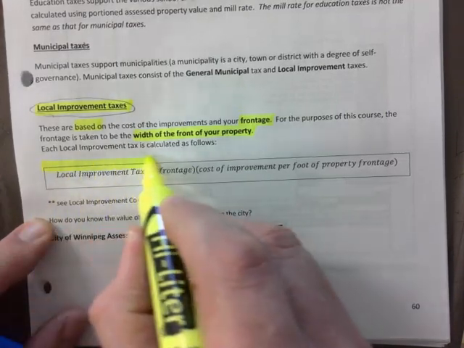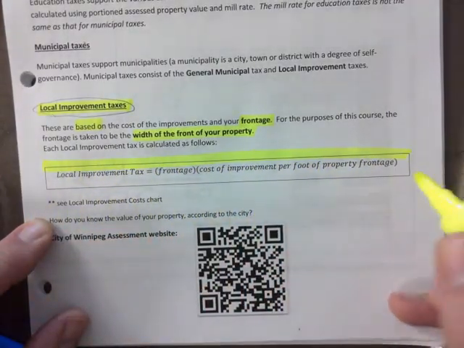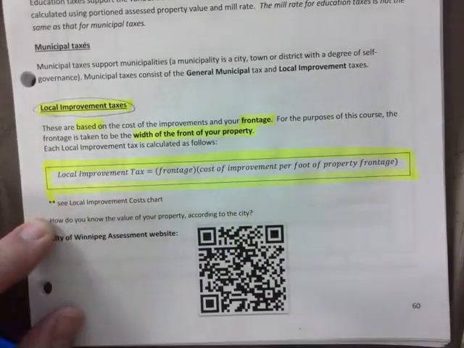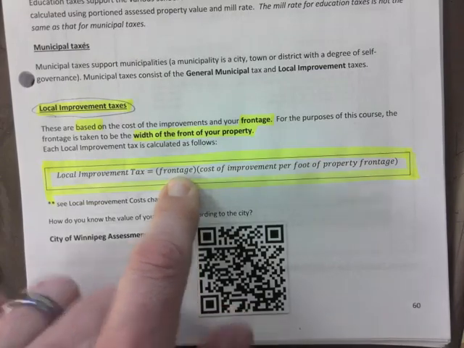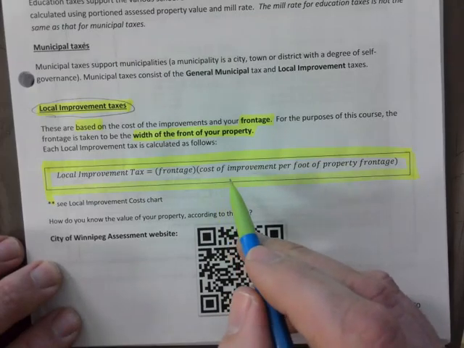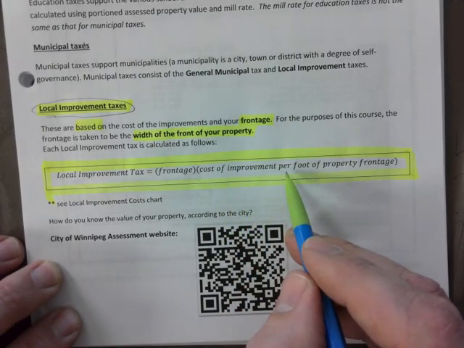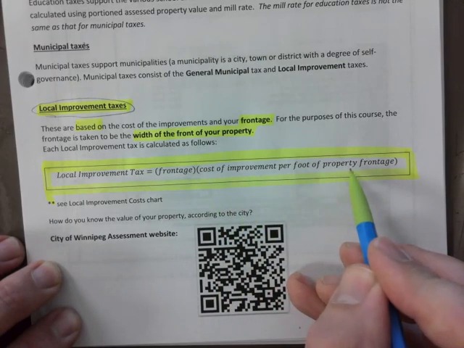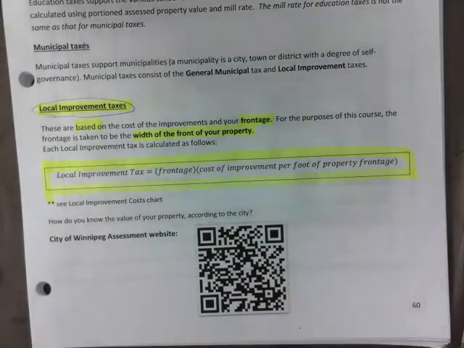So local improvement tax, you can highlight this here. It's just the frontage in feet. It's always in feet. And the cost of improvement, right? So this I will give you, the question will give you this, or we'll use a chart for that.